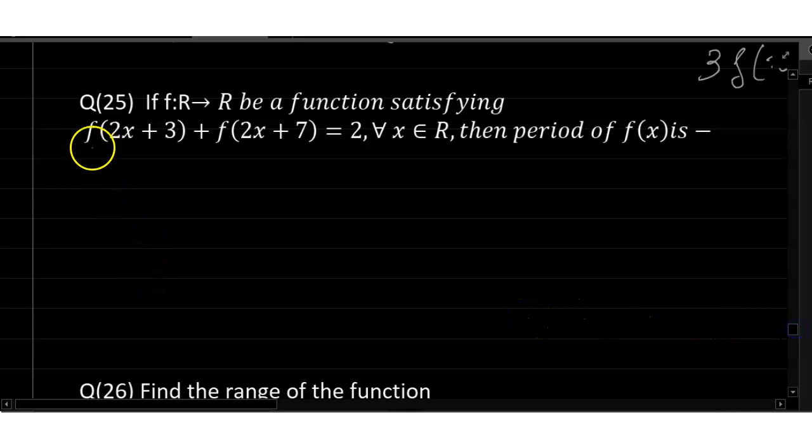Next question is question number 25. So f(2x plus 3) plus f(2x plus 7) is equal to 2. Then find the period of f(x).